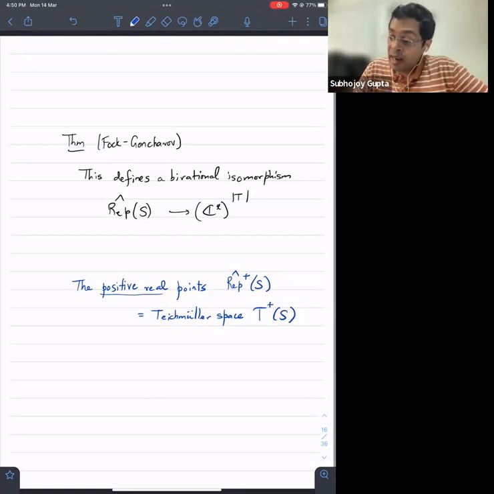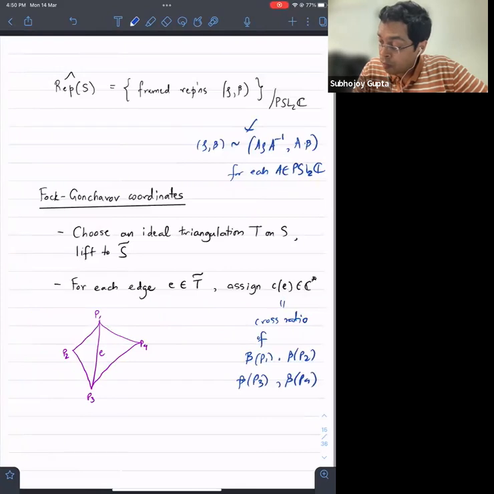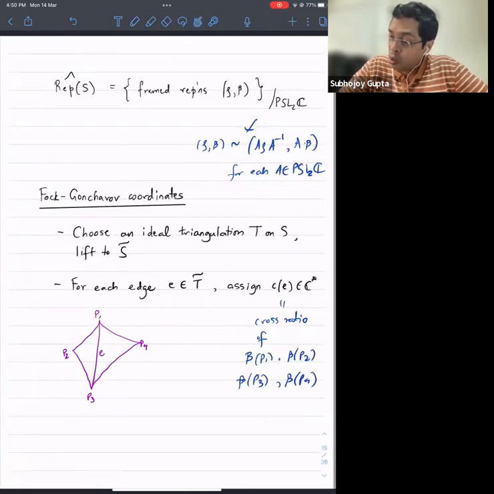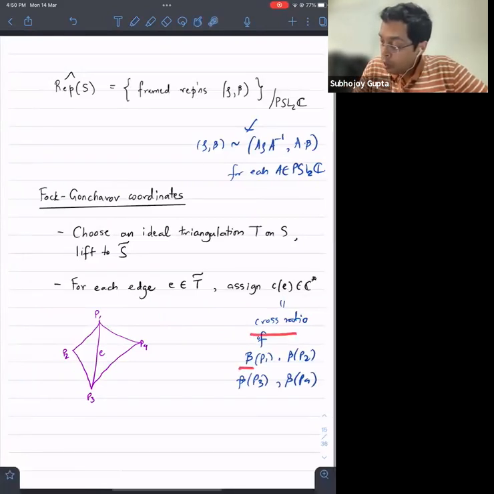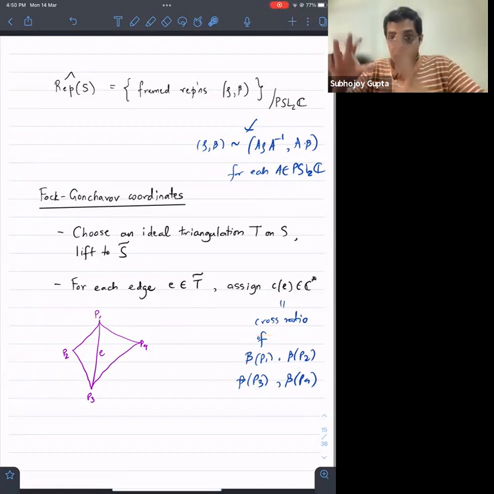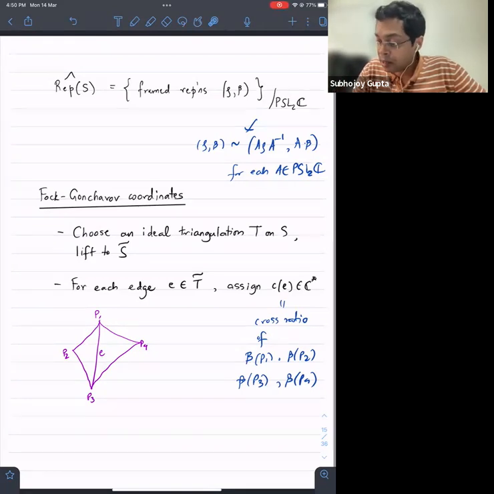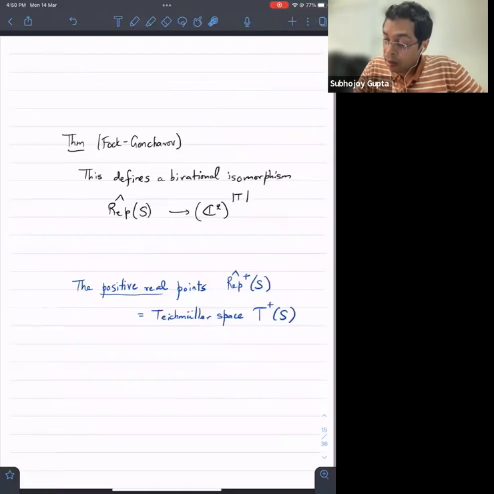It's not quite defined everywhere because, for example, to define this cross ratio, you want these 4 points on CP1 to be distinct. That's a condition on your framing. But you can show it's defined on an open dense set of rep hat S, and these are in fact birational coordinates for your moduli space of framed representations.